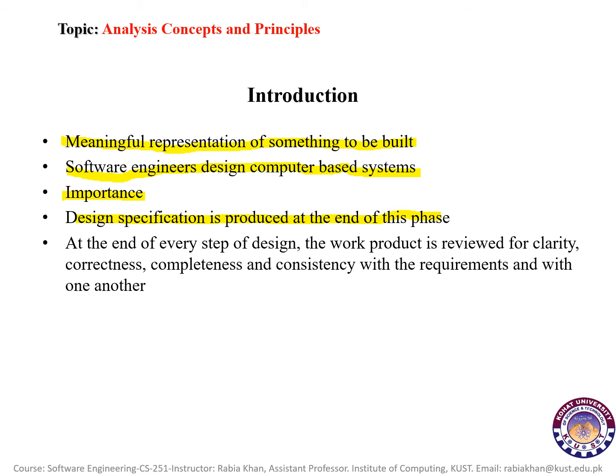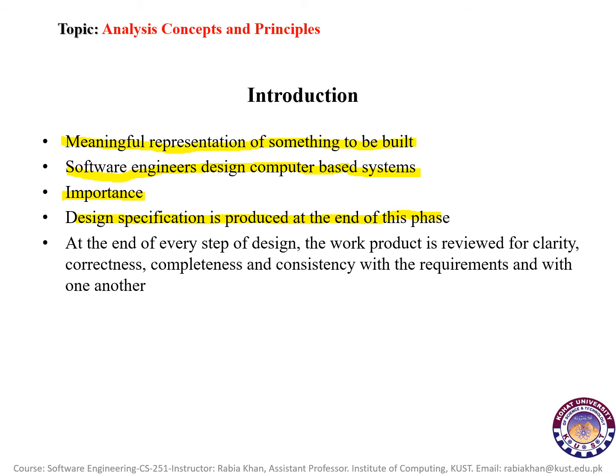That means the data design, the architectural design, the interface design, and the component design. So these 4 designs are merged together at the end in a document, which is termed the design specification. Every single component, such as data, architecture, interface, and components, is a work product of this design activity.